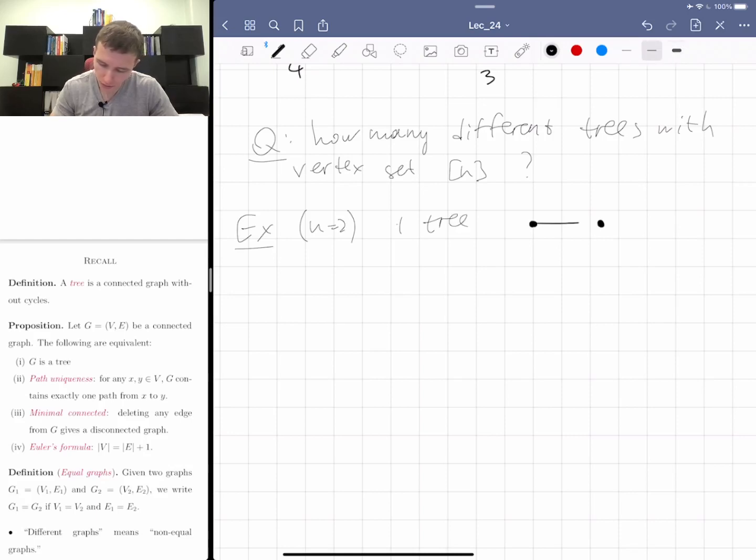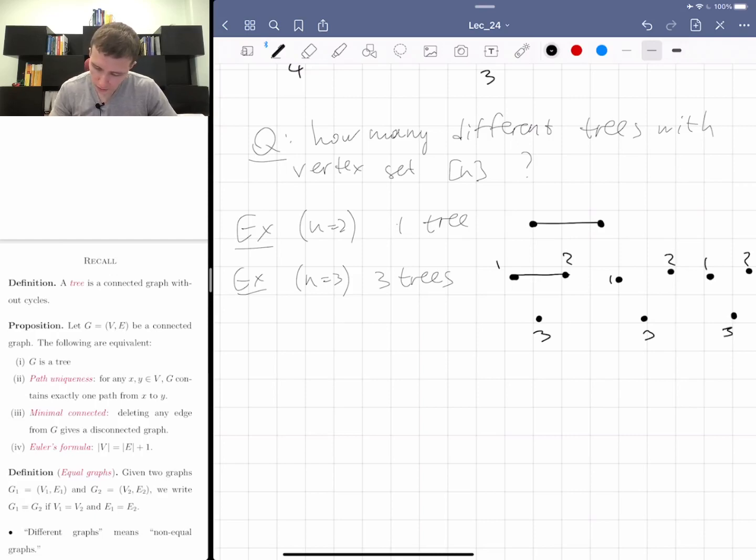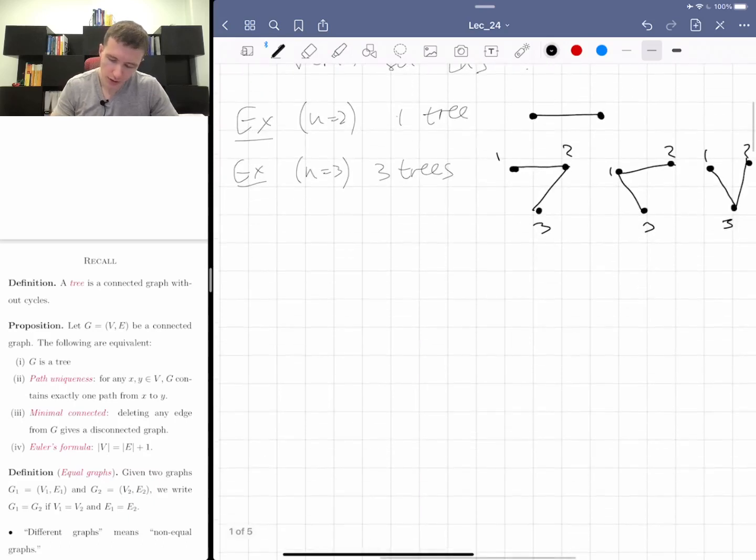And there was an example for n equals 3, where we had 3 trees. 1, 2, 3, 1, 2, 3, 1, 2, 3. So today let me continue. I think it is a good idea to compute n equals 4 and n equals 5 as well.